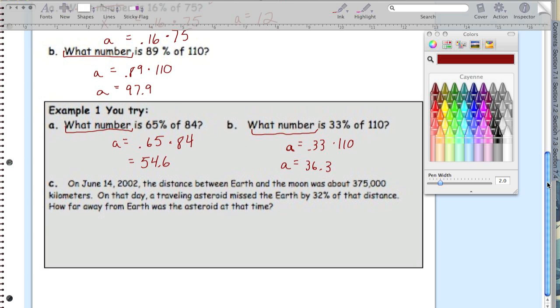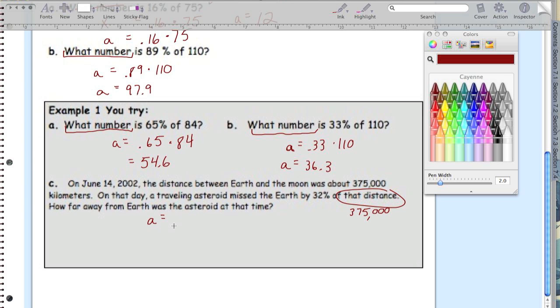Moving down here, on June 14th, 2002, the distance between Earth and the Moon was about 375,000 kilometers. On that day, a traveling asteroid missed the Earth by 32% of that distance. So of that 375,000 kilometers. How far away from Earth was the asteroid at that time? So what is that part?